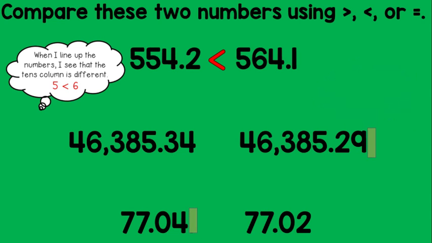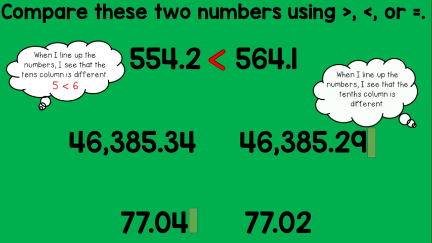Oops, let's go back one. Okay, so now this next number, we've got 46,385 and 34 hundredths compared to 46,385 and 29 hundredths. When I line up the numbers, I see that the tenths column is different.